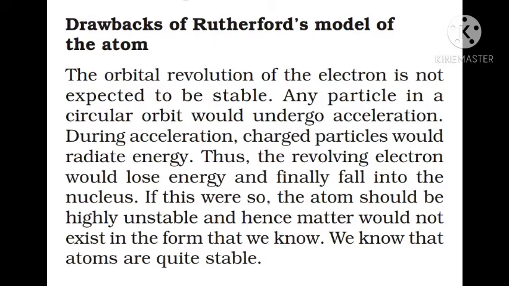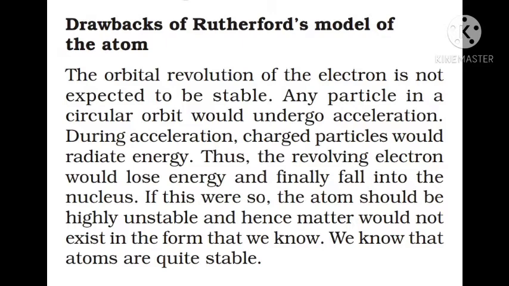Drawbacks of Rutherford's model of the atom. The orbital revolution of the electron is not expected to be stable. Any particle in a circular orbit or circular path would undergo acceleration. During acceleration, charged particles would radiate energy.